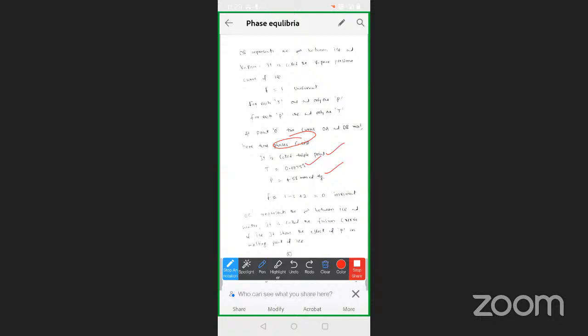Now at the triple point, since it is one component and 3 phases coexist, 1 minus 3 plus 2 equal to 0. It is invariant. The degrees of freedom are 0.